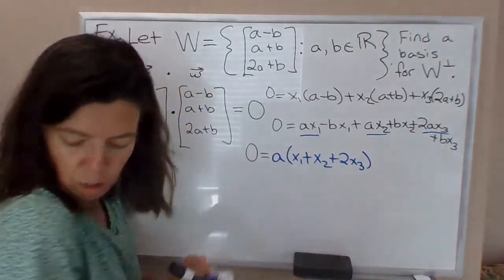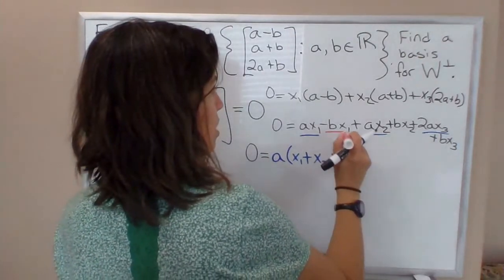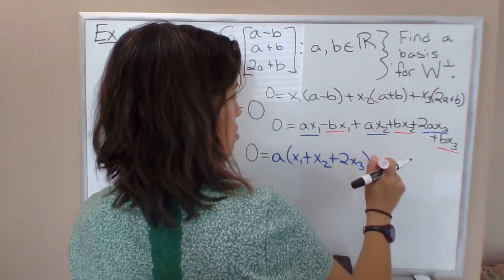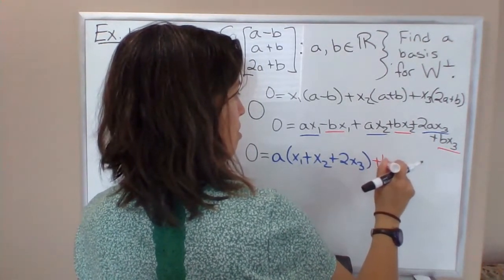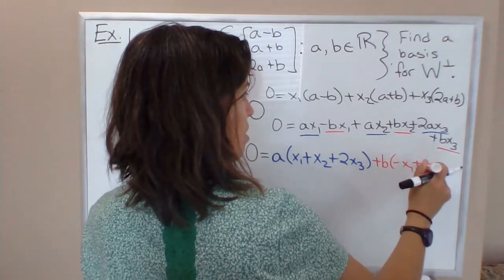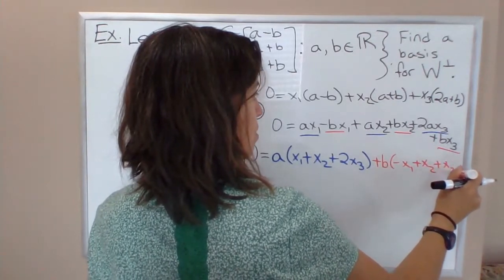Those are the A terms. And then if I factor out B from the B terms, plus B times (negative x1 plus x2 plus x3).